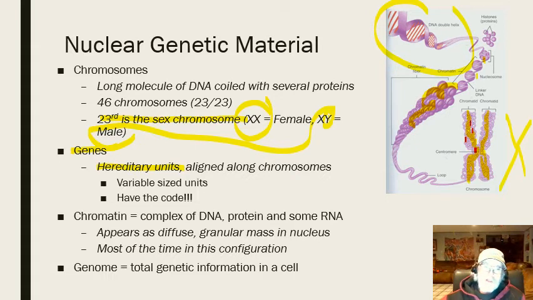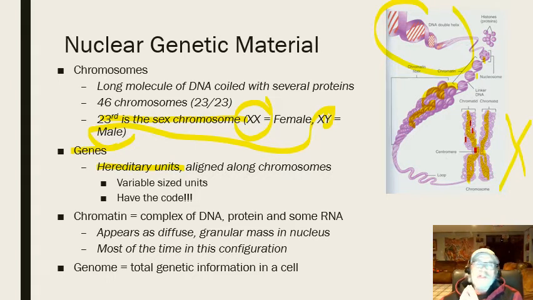Some of the genes are only a couple of sequences long. It depends upon how many amino acids are in that protein. If it's a very small polypeptide, or a small peptide, which only has a couple of amino acids, the gene unit is very small on chromosomes.